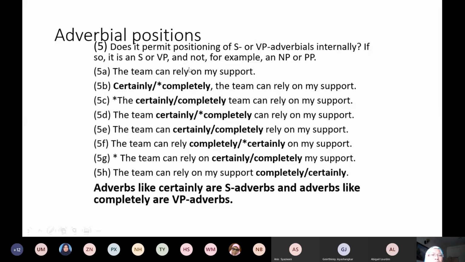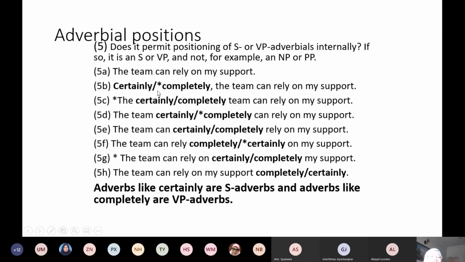So for adverbial, you can see the first sentence 5A, the team can rely on my support. This is the original sentence. And then you want to put the adverbial. If you put certainly, the team can rely on my support, it's grammatical. But if you say completely, the team can rely on my support, it's ungrammatical.